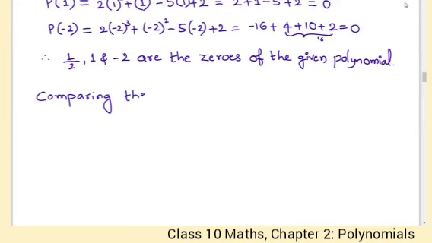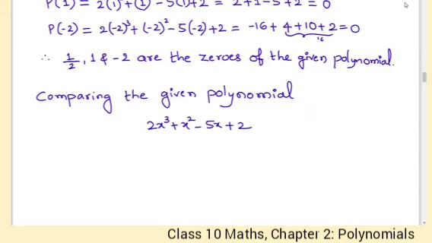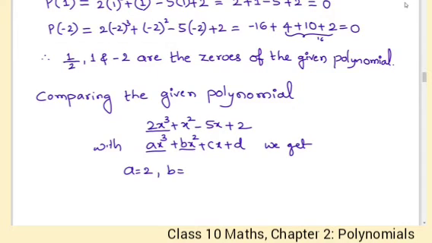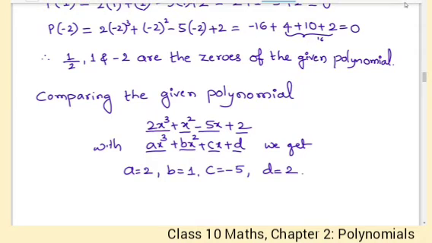Comparing the given polynomial x cube plus x square minus 5x plus 2 with ax cube plus bx square plus cx plus d, we get that a is equal to 2, b is equal to 1, c is equal to minus 5, d is equal to 2.